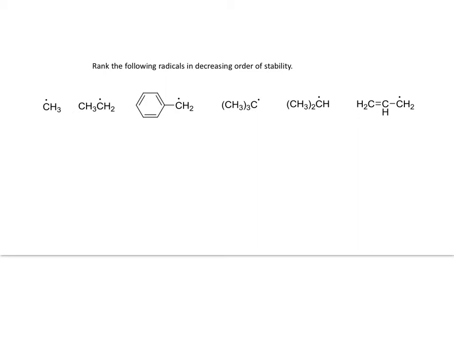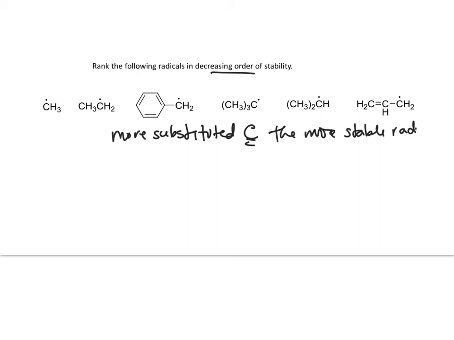Okay, so this question is asking us to rank the following radicals in decreasing order of stability. The order of stability: the more substituted the carbon, the more stable the radical.